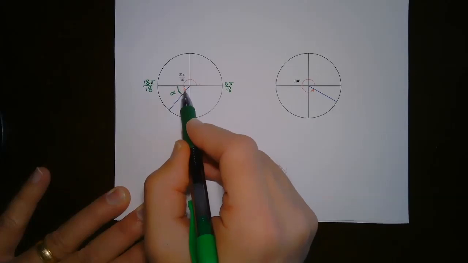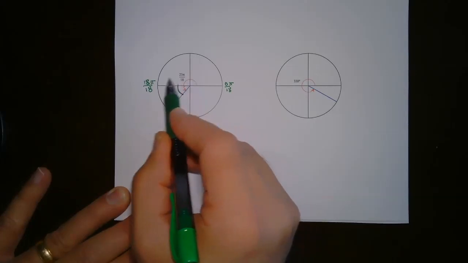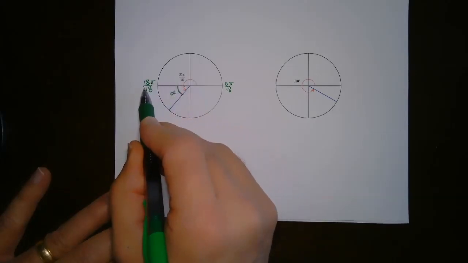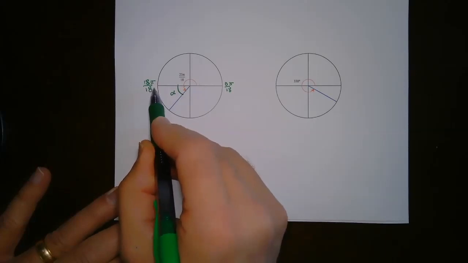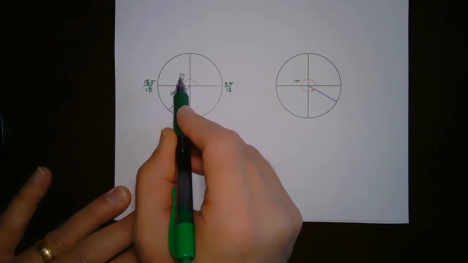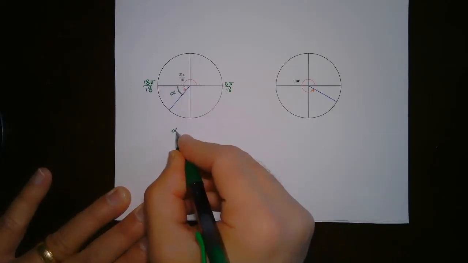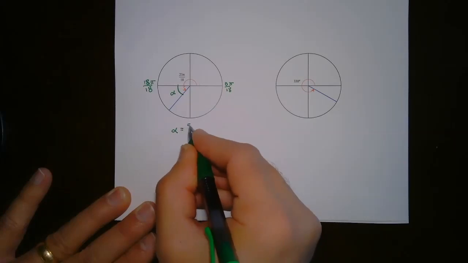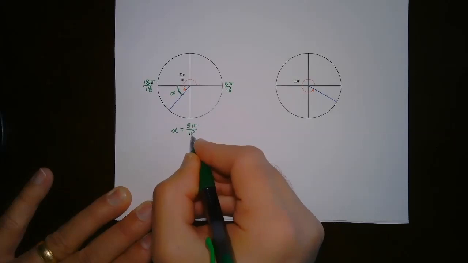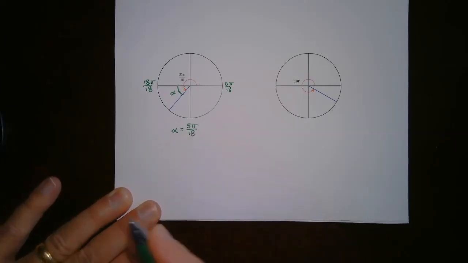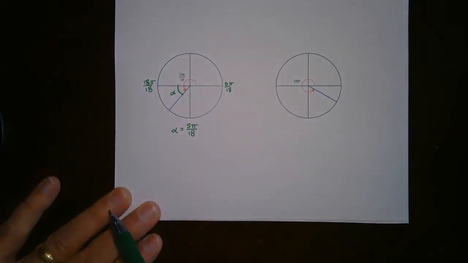So if here's 18 pi over 18, I have to rotate 5 more pi over 18s. To get to 23, I'd have to go 5 more. So my alpha in this case would be 5 pi over 18. And it's easy to see because of our denominators, okay?